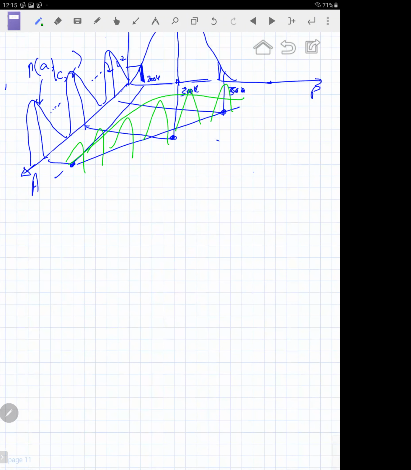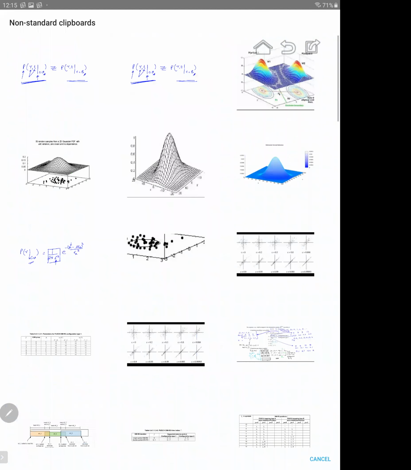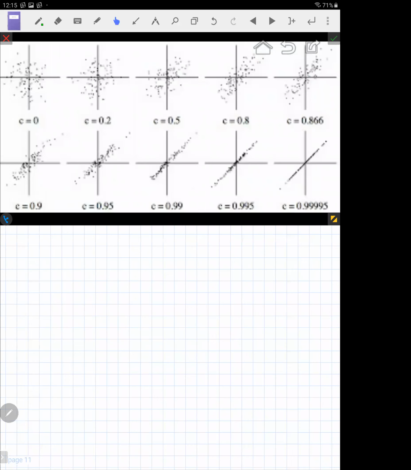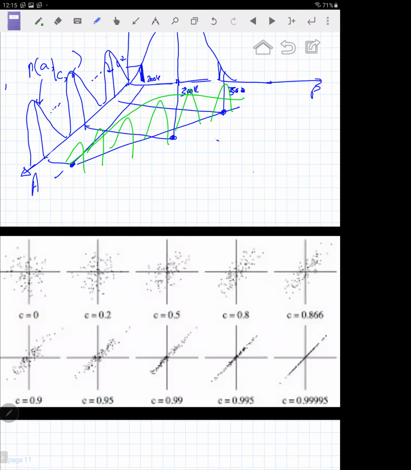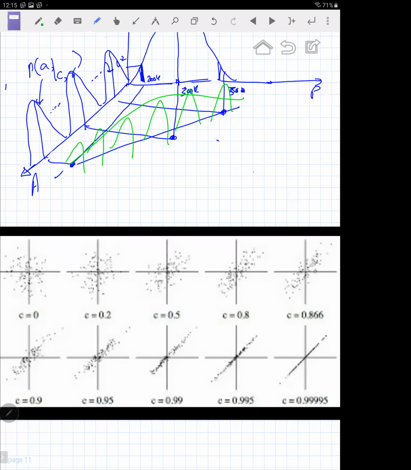Let me see if I have a better picture here. So if I were to look at the scatter plot, which is a representation of how the axis of this joint distribution is tilted, it would look something like this.